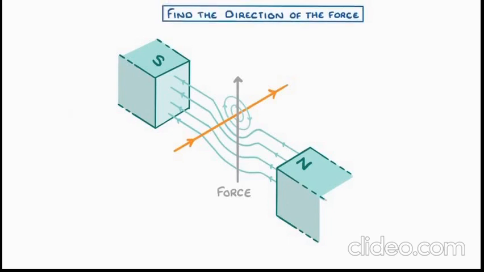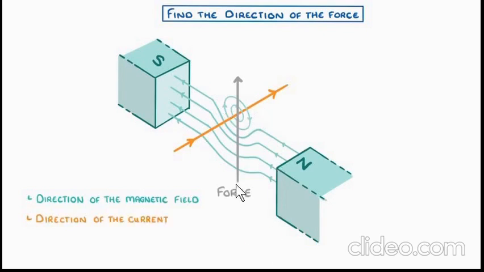Then comes finding the direction of the force. What is the direction of the force? Since it is caused by two main things, the direction of the force can be determined by the direction of the magnetic field and the direction of the current.